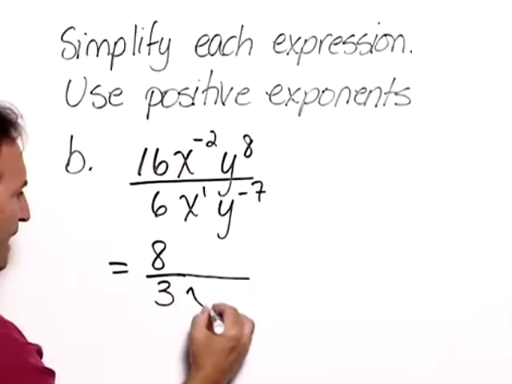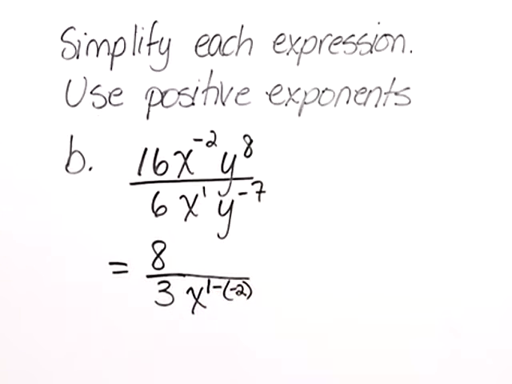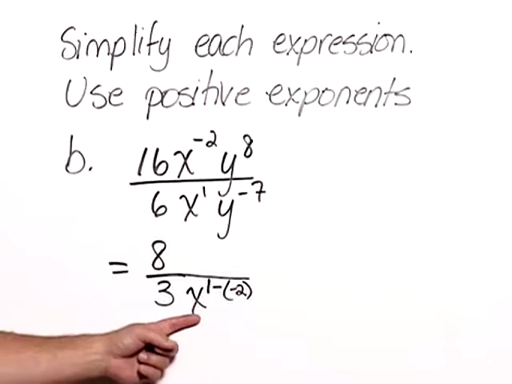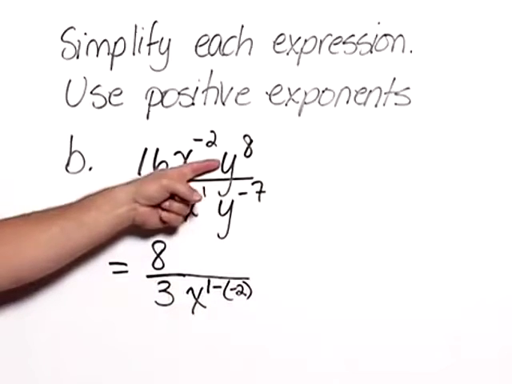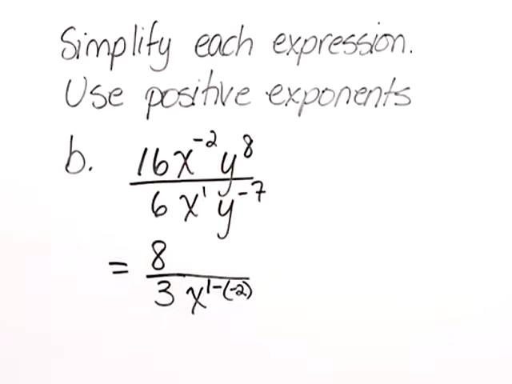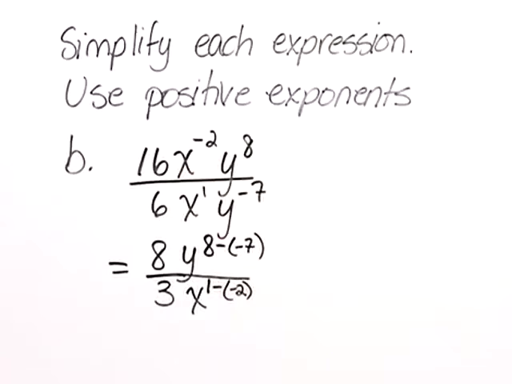So this becomes x to the 1 minus a negative 2. That will eventually create a positive power for x. Now the y's, I will keep in the numerator because I'm going to subtract the powers, 8 minus a negative 7.